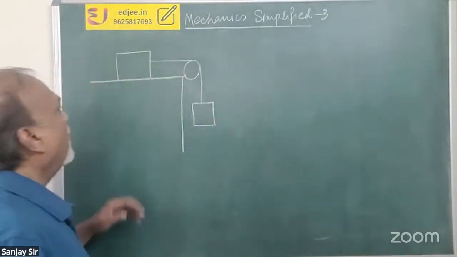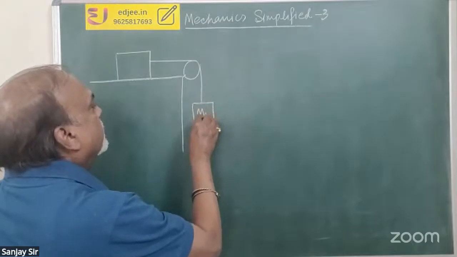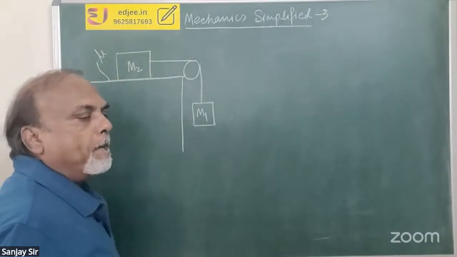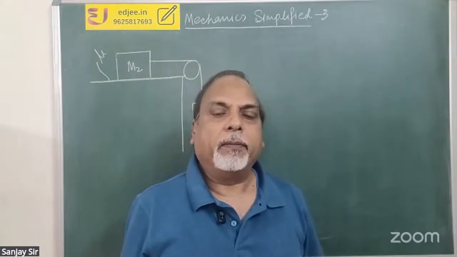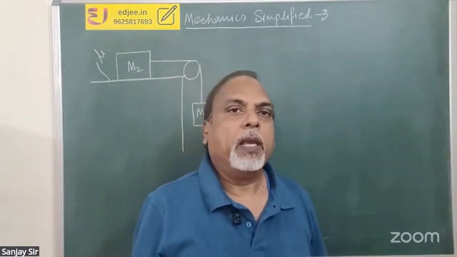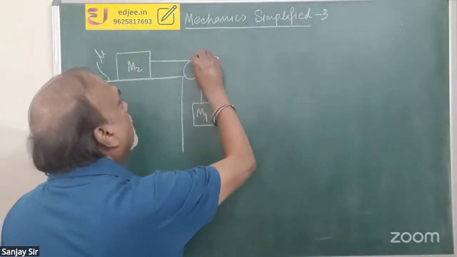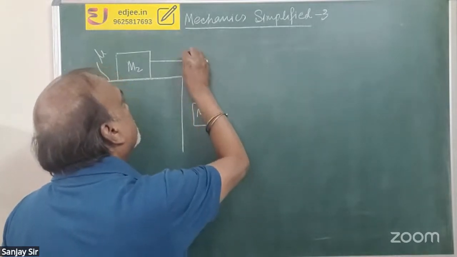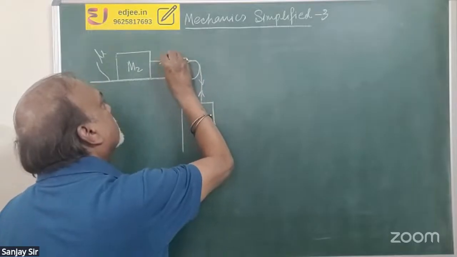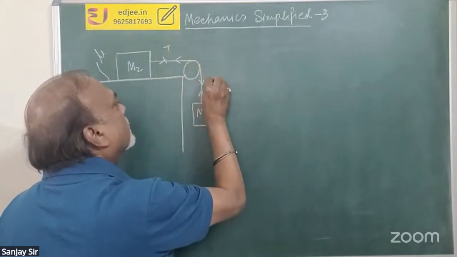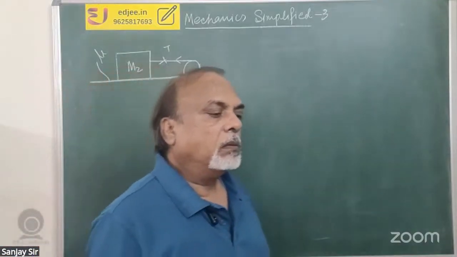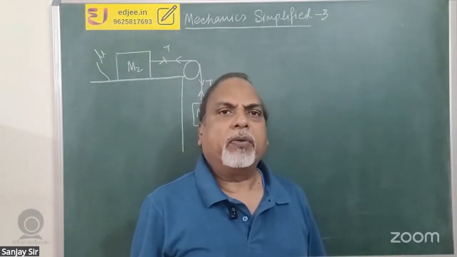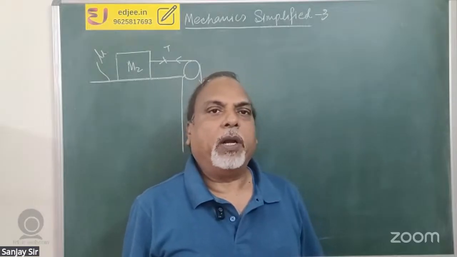A block is on the table. Suppose this is M1, this is M2, there is a friction force, mu is there, and you have to find out the tension in the string. The best way is to make the free body diagram.